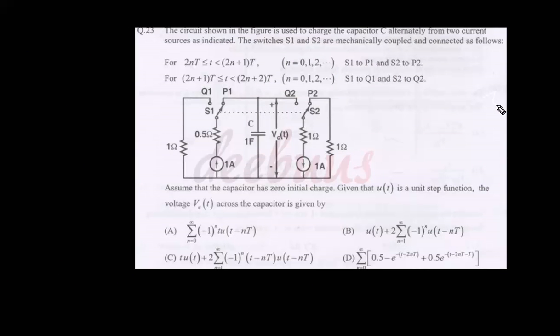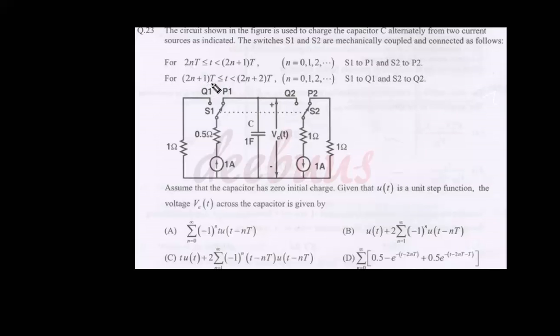Now moving to another 2-mark question. The circuit shown in the figure is used to charge the capacitor C alternatively from two current sources as indicated. The switches S1 and S2 are mechanically coupled and connected as follows. For 2nT less than or equal to t less than (2n plus 1)T, for n equal to 0, 1, 2, S1 to P1 and S2 to P2.